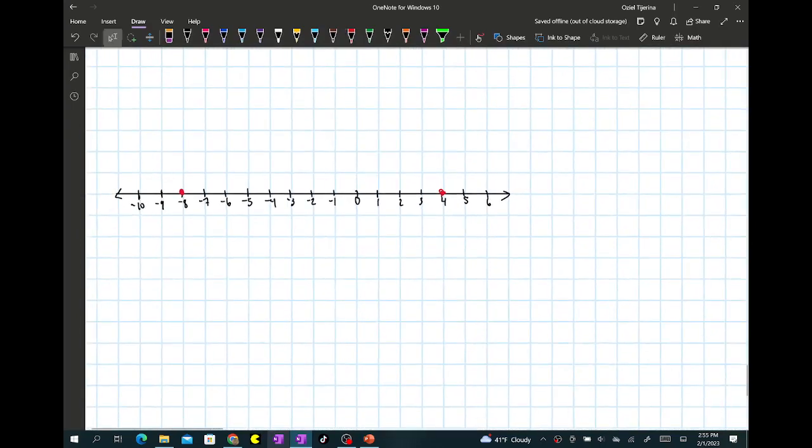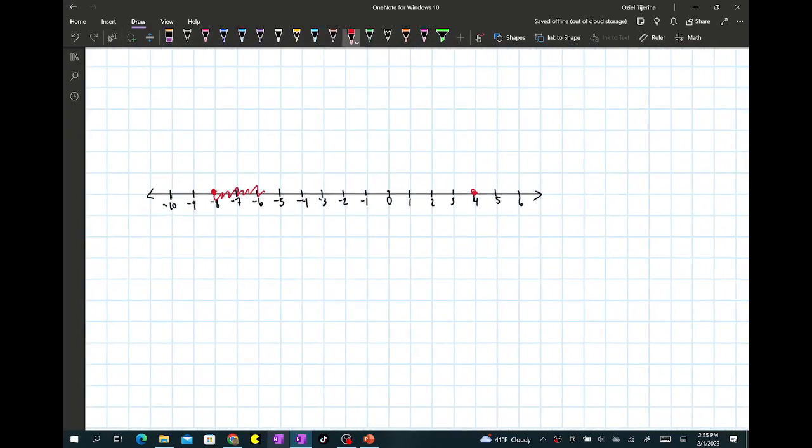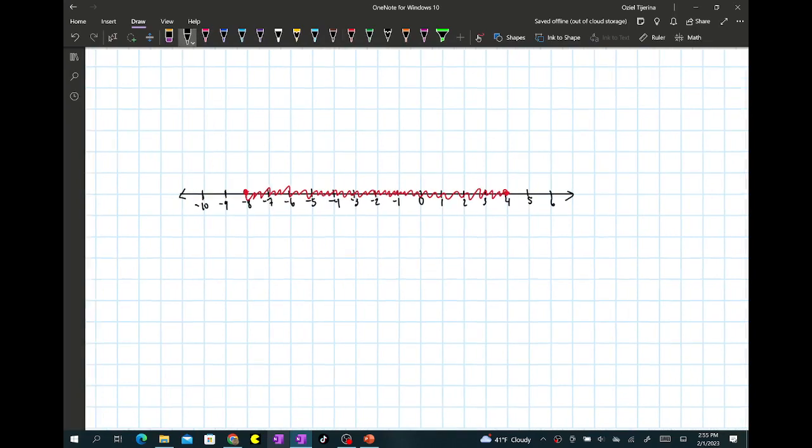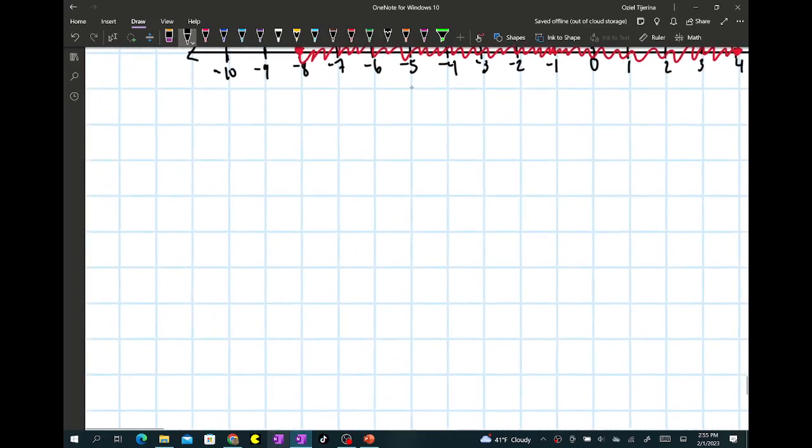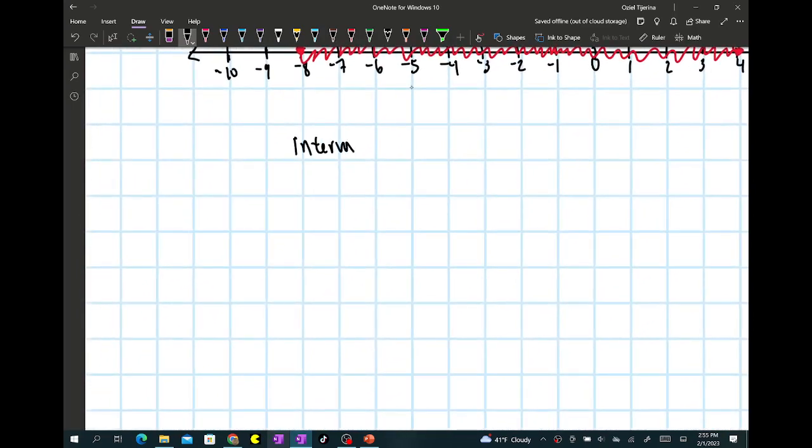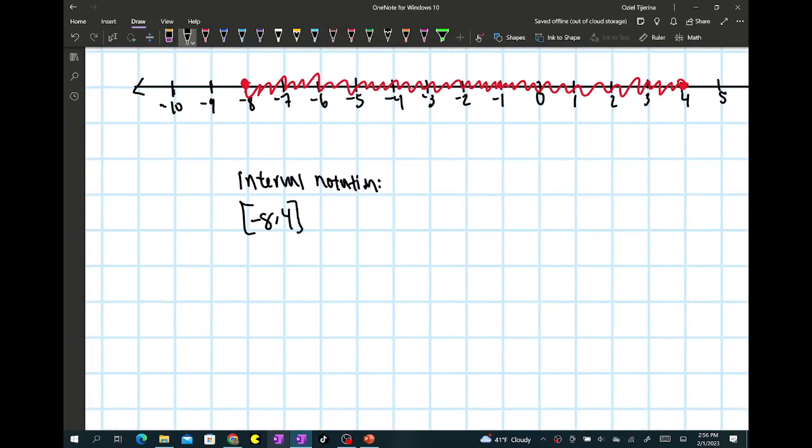And I'm going to shade all the numbers that are between those two parts, so right here. And then my answer in interval notation would be from bracket negative 8 to 4, close bracket.